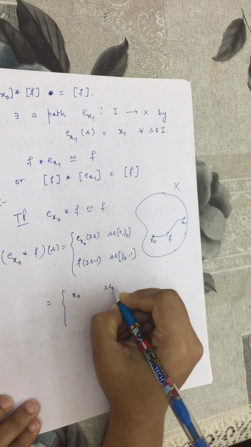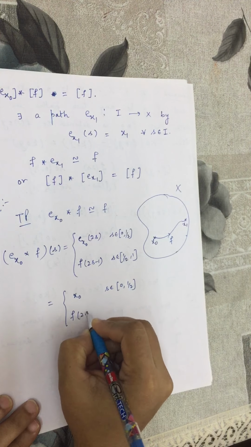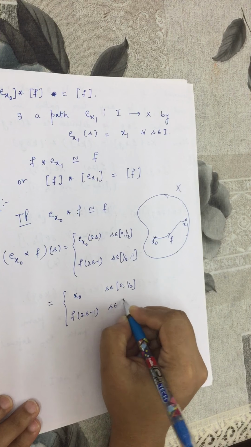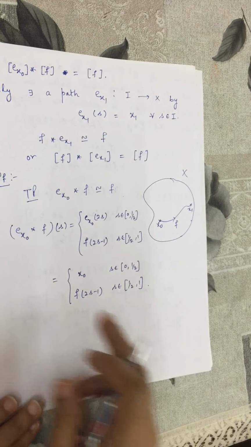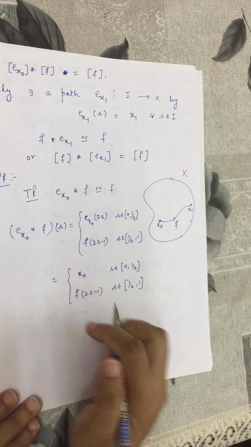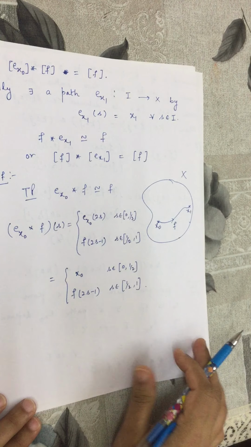So it will be x0, and f of 2s minus 1 for the rest half interval. So the first path e_x0 star f is defined by this, and on the right hand side we have only the path f.